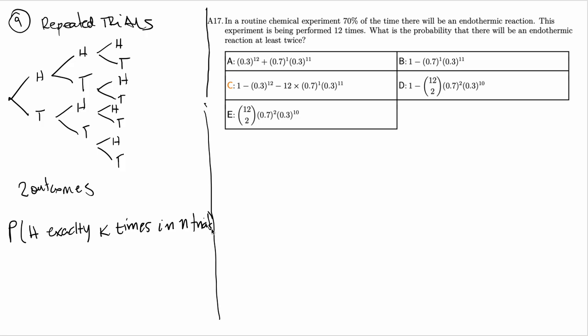So for example, what's the probability of having heads exactly 5 times in 11 trials? Okay? Meaning that I'm tossing the coin 11 times. So I toss the first time, second time, third time, 11 times. What's the probability of a particular outcome, which in this case is heads, turning up 5 times? Okay, and we learned that there's a formula.